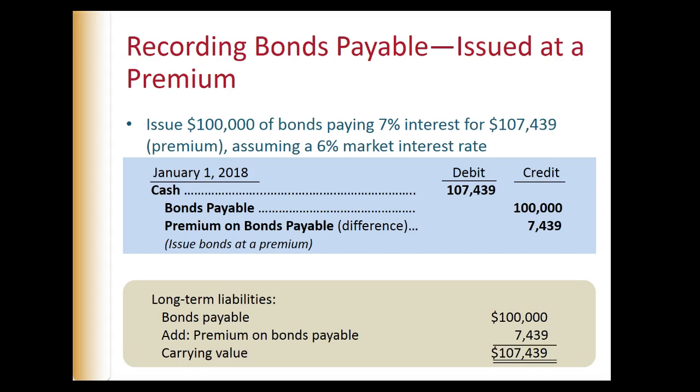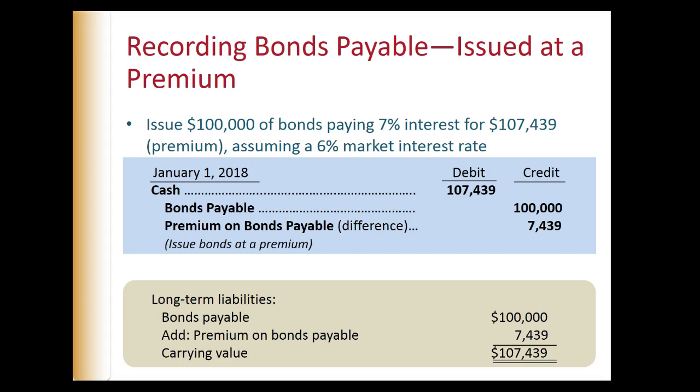Now the balance of premium on bonds payable gets added to bonds payable in the balance sheet as shown on the slide here. Initially the carrying value is $107,439. California Coasters will need to pay back only $100,000 when the bonds mature in 10 years.